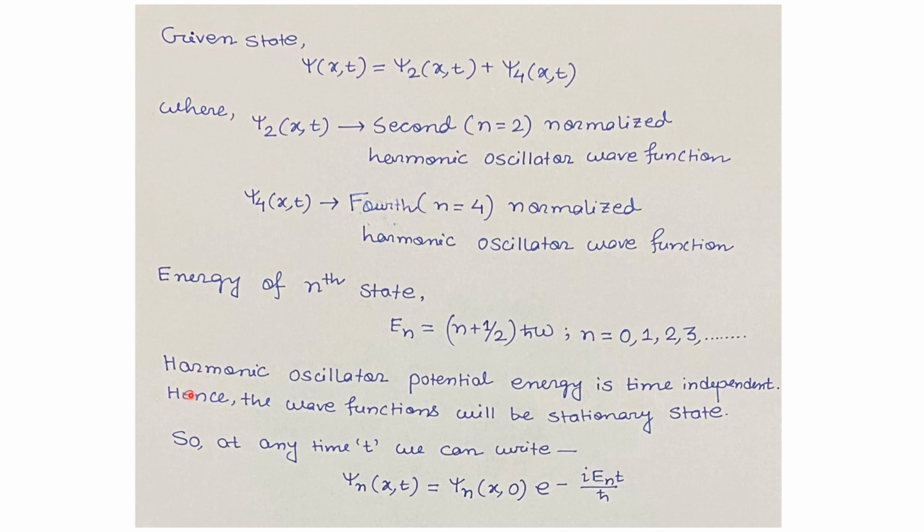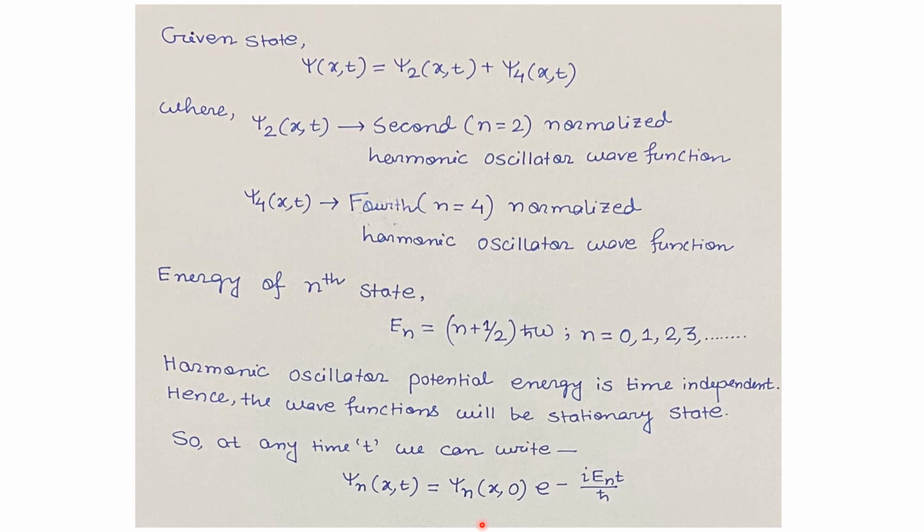Now the harmonic oscillator potential energy is time independent. So for this case the wave functions will be stationary states for the harmonic oscillator problem. This means at any time t, we can write the time evolution of any harmonic oscillator wave function, that is psi n as a function of x and t, equals the multiplication of two independent functions.